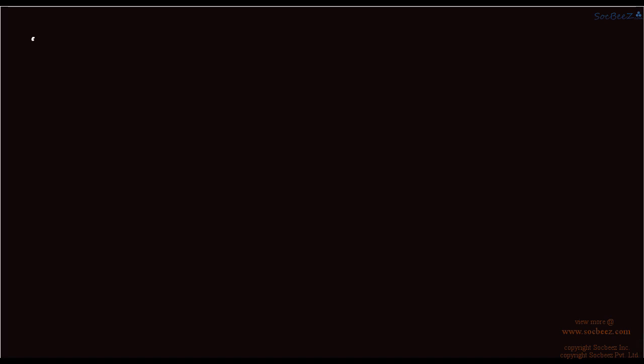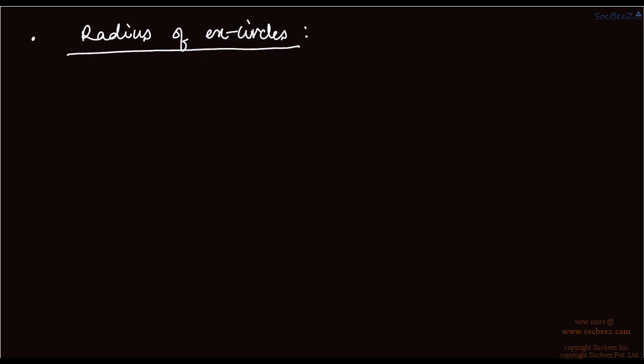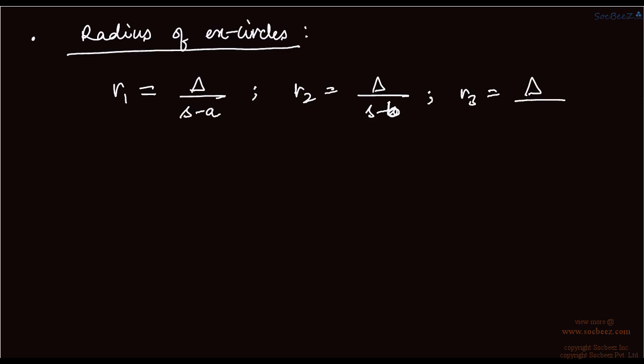So, we'll move on to the radius of the excircles. r1 is equal to delta upon s minus a. r2 is equal to delta upon s minus b, this is the important formula, and r3 is equal to delta upon s minus c.